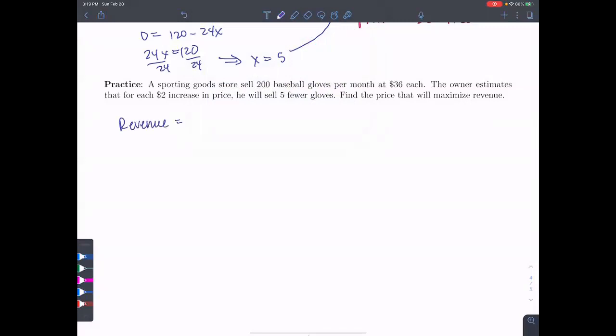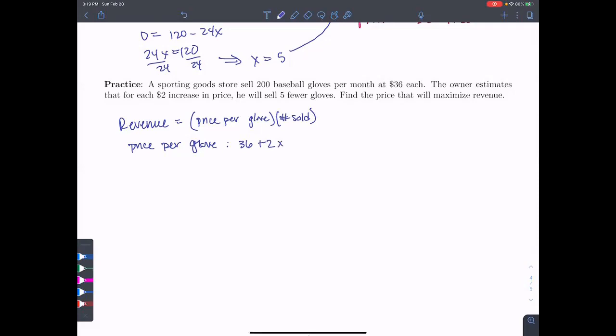In this case, revenue is going to be the price per glove and then the number of gloves sold. So the price per glove is going to be $36 plus 2 times x.